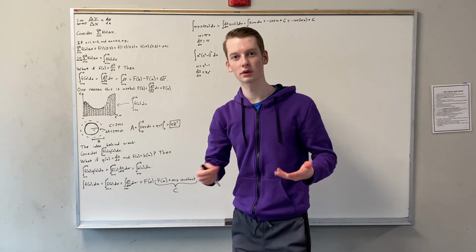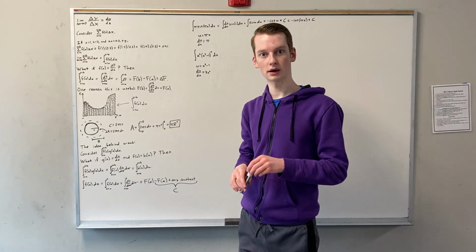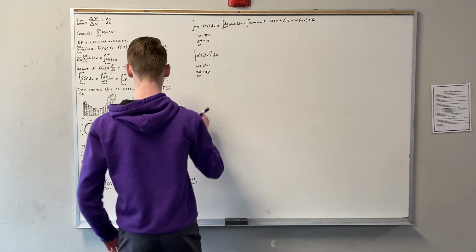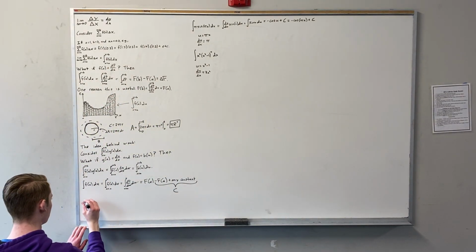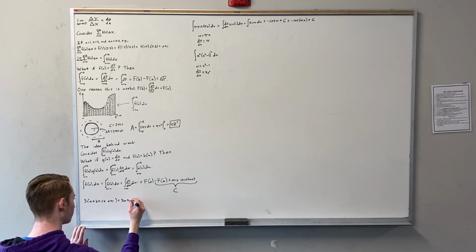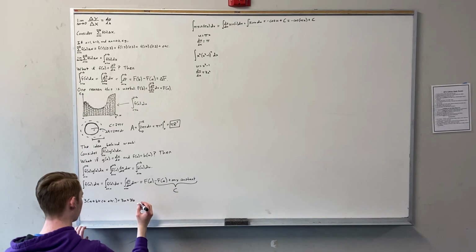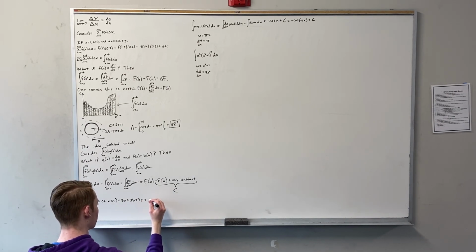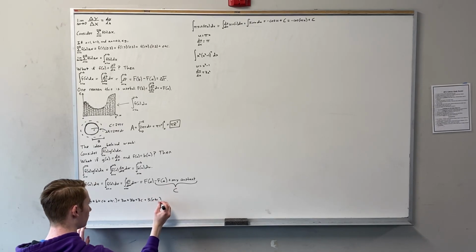And because an integral is just a sum, say I did 3 of a plus b plus c plus etc. That equals 3a plus 3b plus 3c plus 3 times everything else.